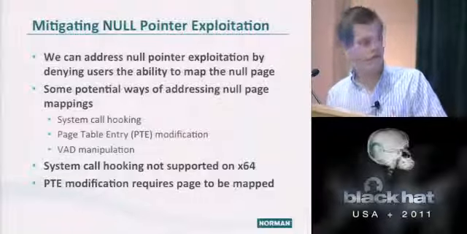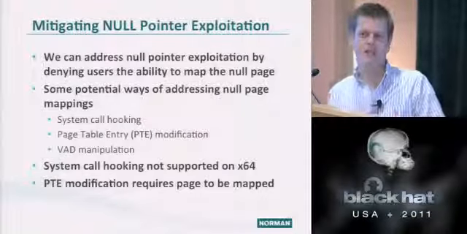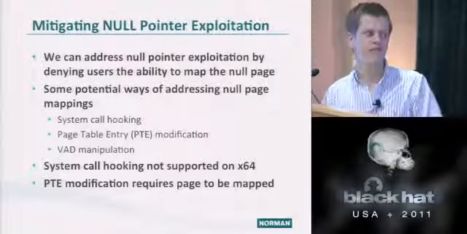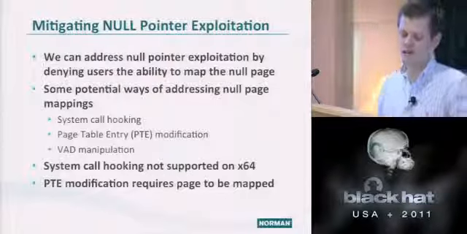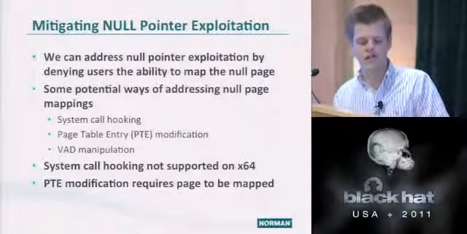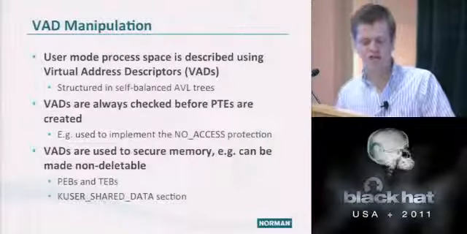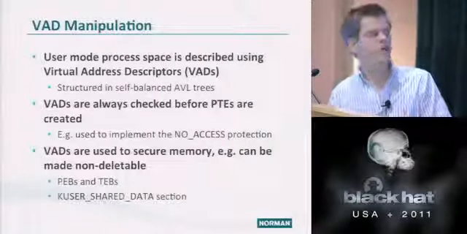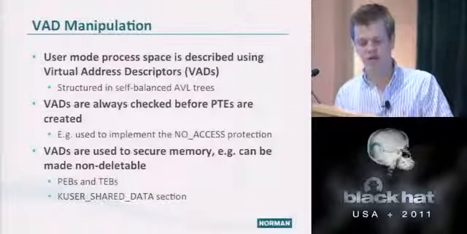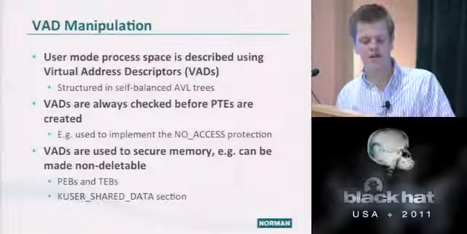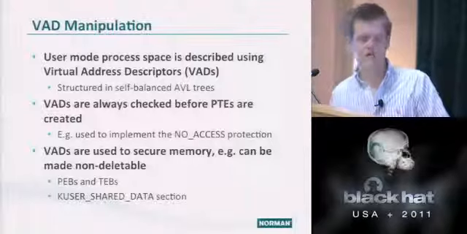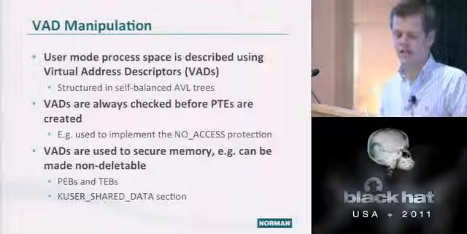PTE modification requires the page to be mapped, so that is not very ideal since we want to avoid the null page being mapped. So we'll look at the VAD manipulation part. The user mode process space is described by the virtual address descriptors, and these are structured in self-balanced trees, which are binary trees.